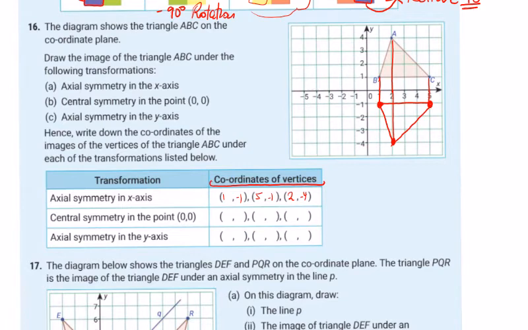Okay, let's do the next one in blue. So we're dealing with central symmetry. So through the origin out the same distance, B will end up here.